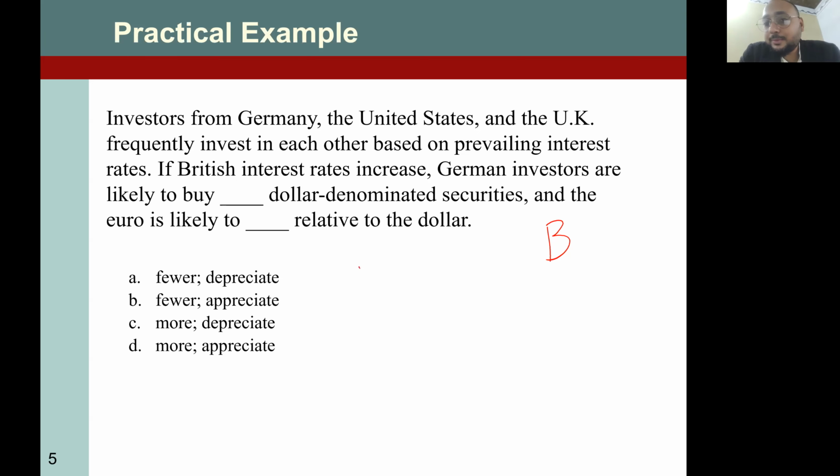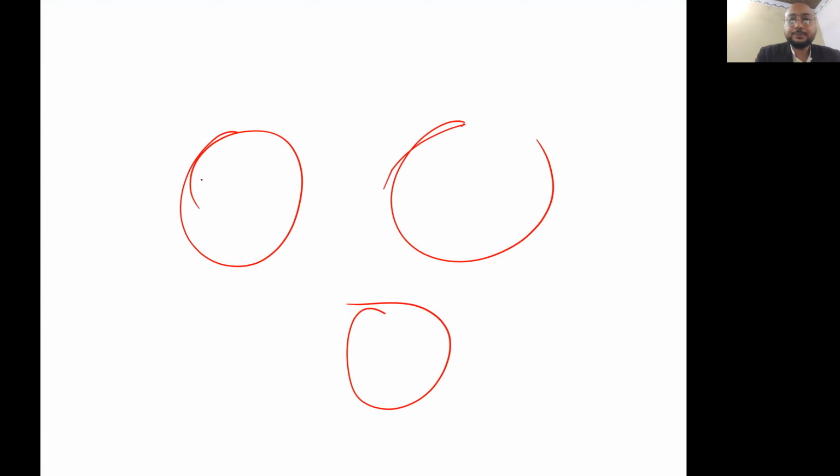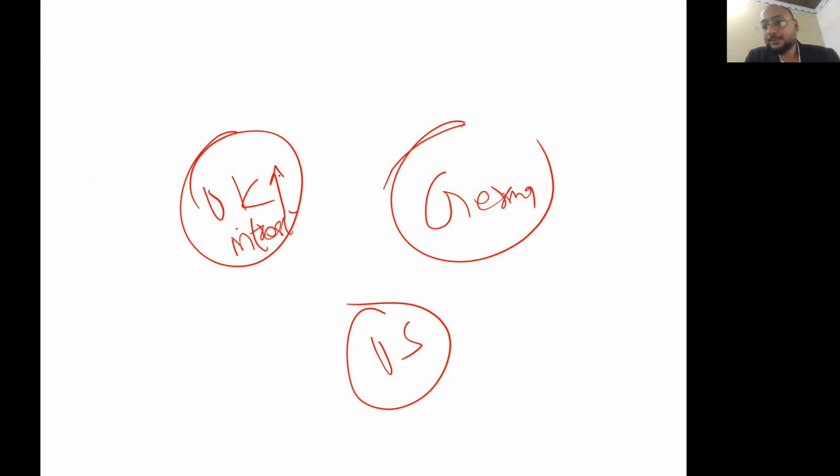British interest rate means in Britain, in the UK, the interest rate rises. So there are three countries: UK, Germany, US. And the interest rate in the UK rises.